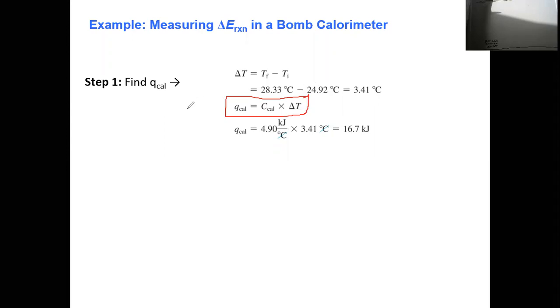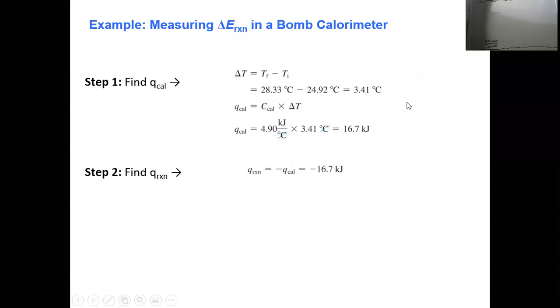So to find the Q of the calorimeter, we're going to take the heat capacity of the calorimeter and multiply it by the temperature change, final temperature minus initial temperature. And we're going to get a Q of the calorimeter of 16.7 kilojoules. All right, that's great. Next step, we need to relate the Q of the calorimeter to the Q of the reaction, right?